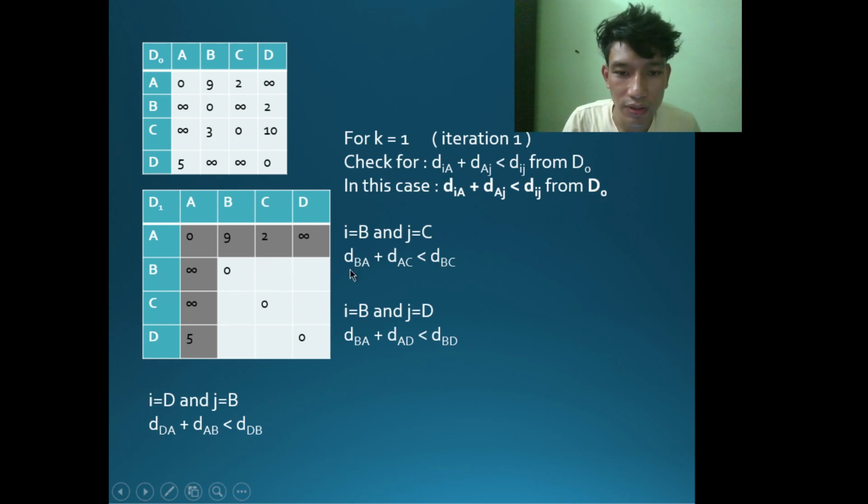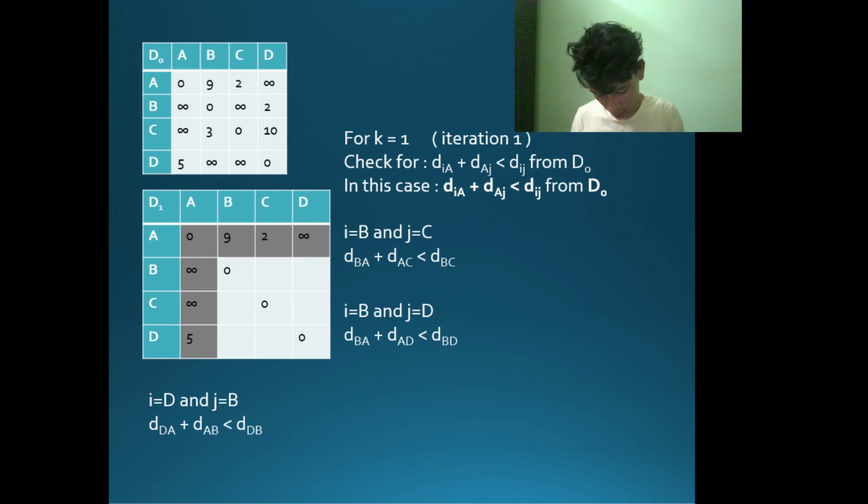So we will check whether d_ba plus d_ac is lesser than d_bc from the previous one. Let us look here.